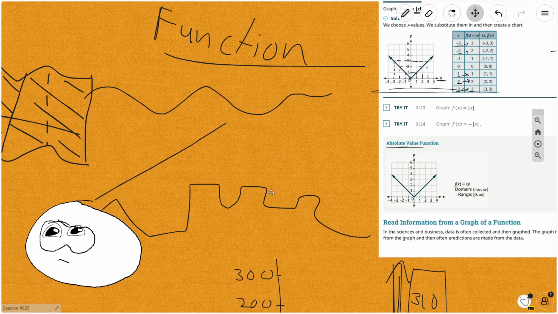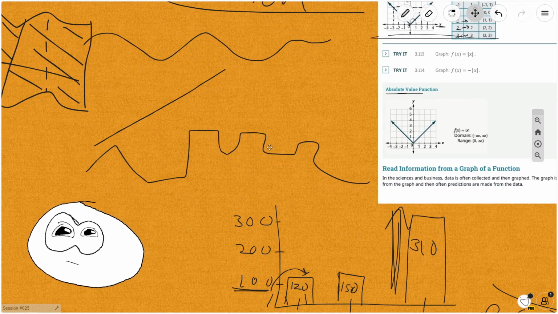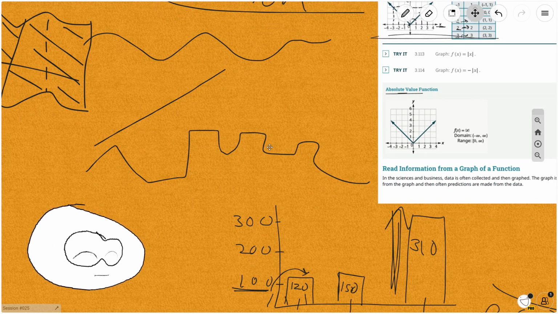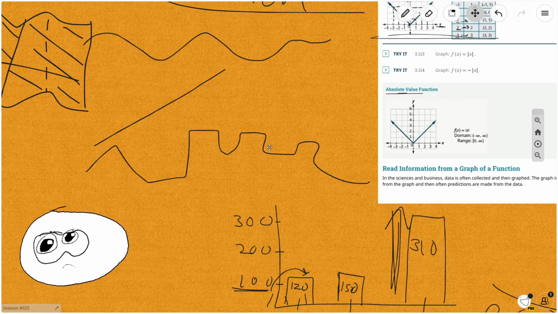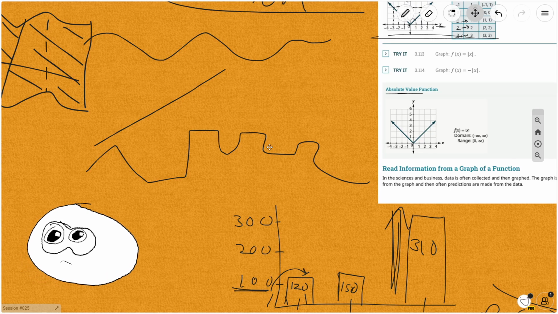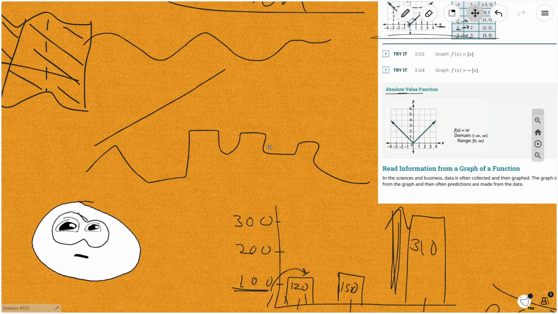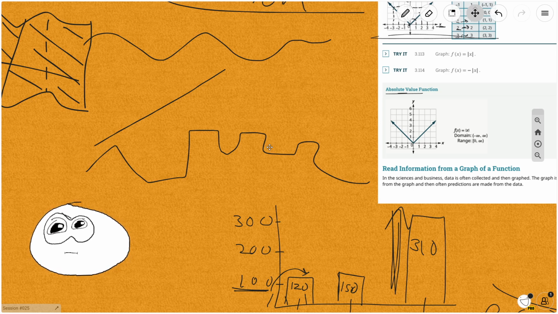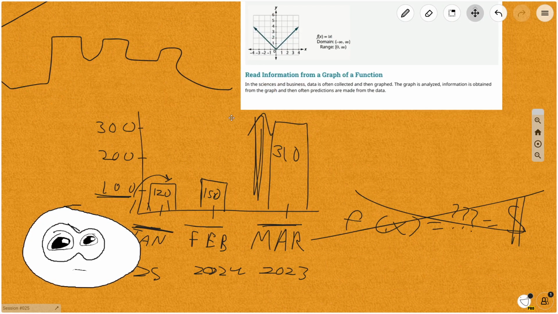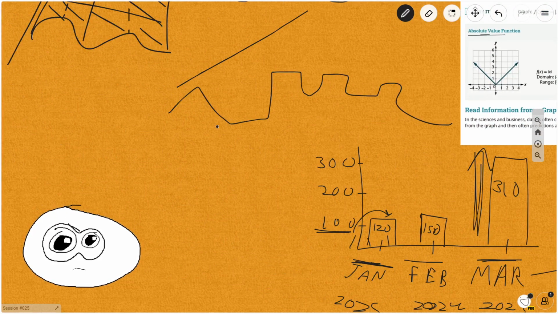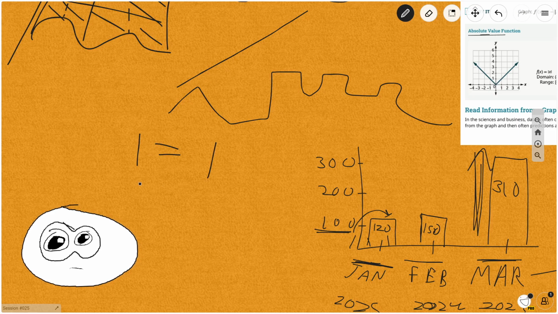Now let's see, how would that look though? Well, what is something that is going to happen for sure? 1 equals 1. It's kind of easy, right? One equals 1.